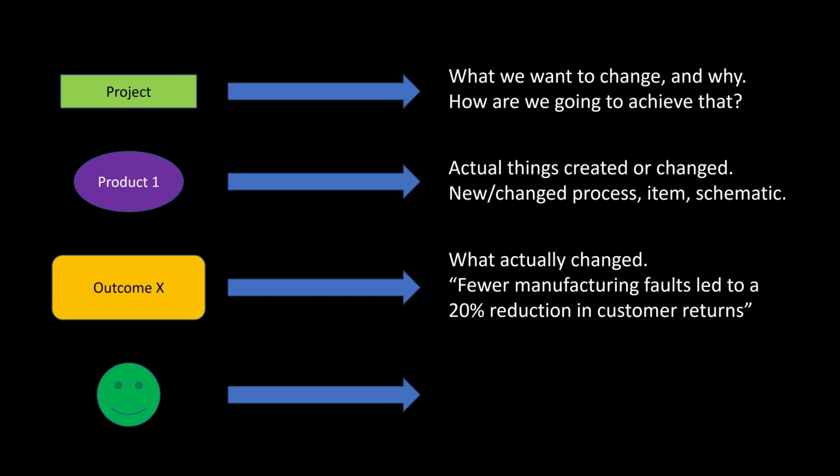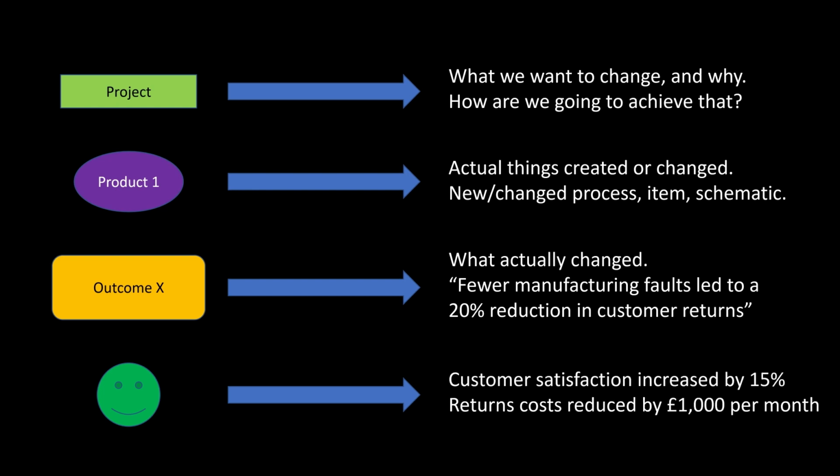That's the change that has happened as a result of our product. And of course, because we've got fewer returns and stuff, the actual benefit is we've increased customer satisfaction and our returns costs have been reduced by £1,000 per month, for example. So hopefully you can see there's a difference there between those items, because it's really important to get that.